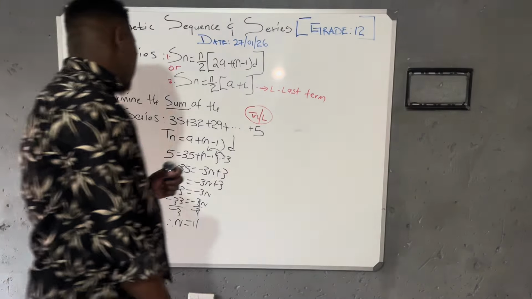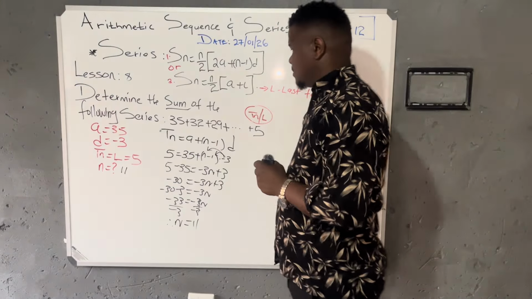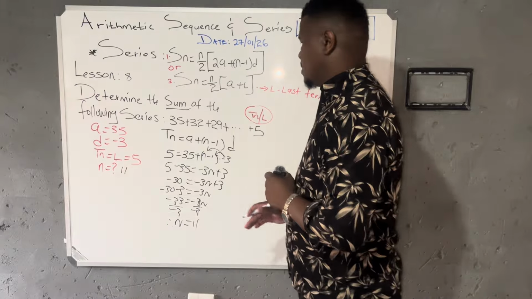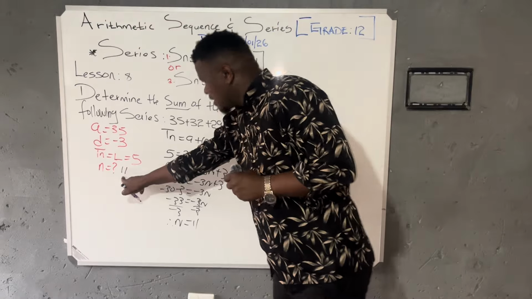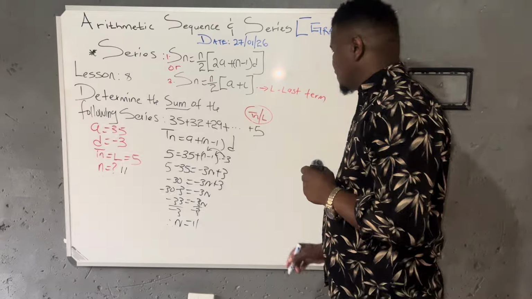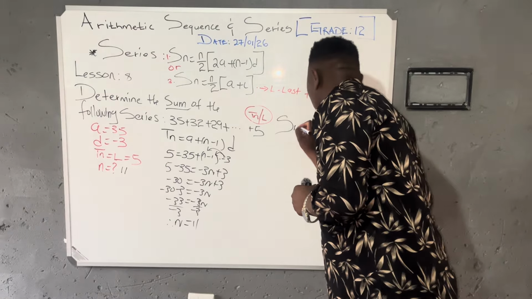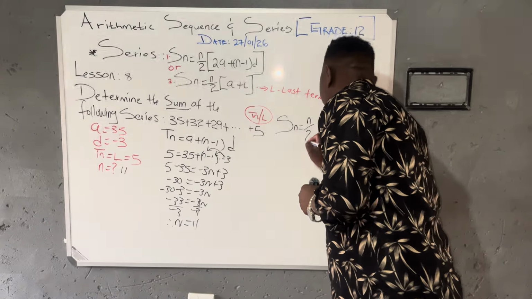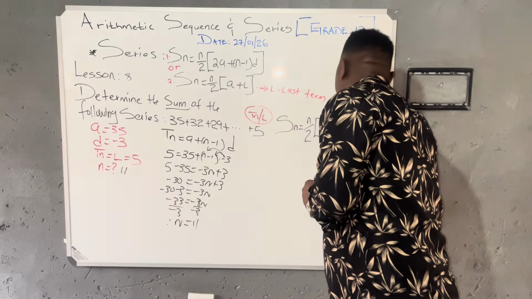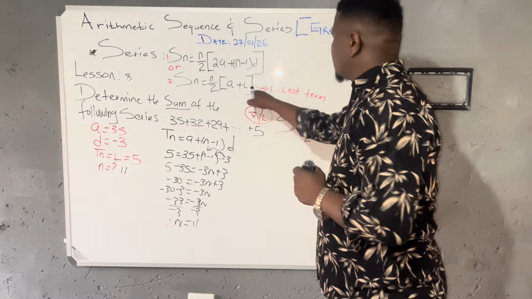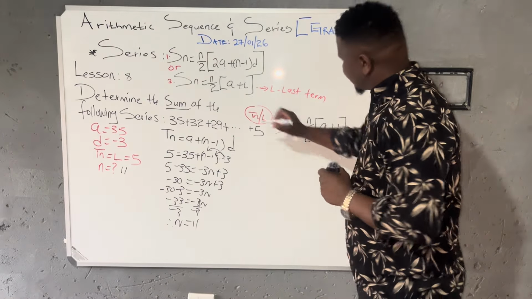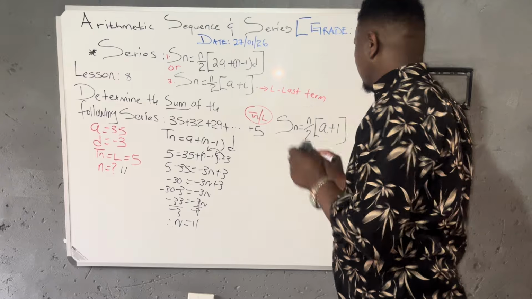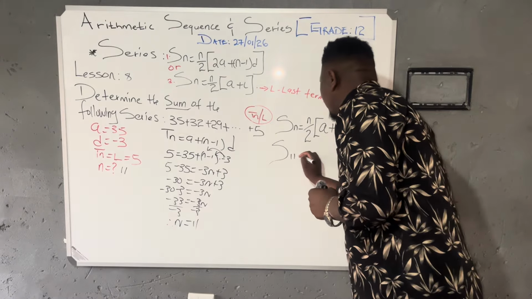Now I can answer their question: the sum of the first 11 terms. That's what we didn't have, n. So I'm going to use this formula now that I know my n. My n is 11.